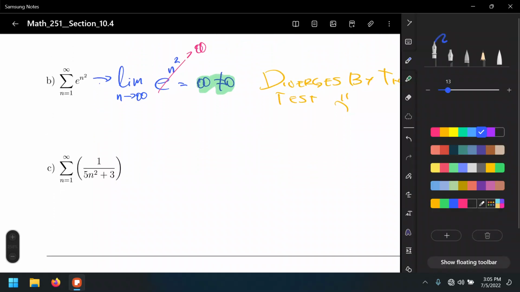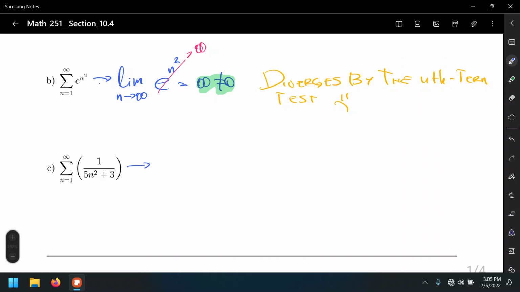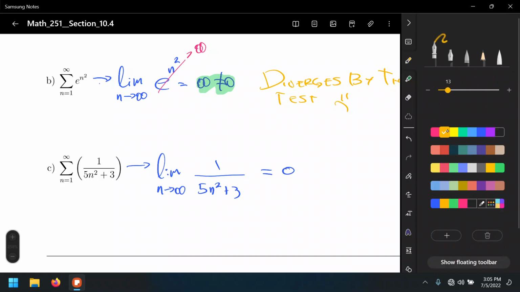Let's look at the next one. So turn it into a limit problem. Limit as n approaches infinity of 1 over 5n squared plus 3. When we compute this limit to infinity, what's the value? 0. What do we say about 0? Inconclusive.